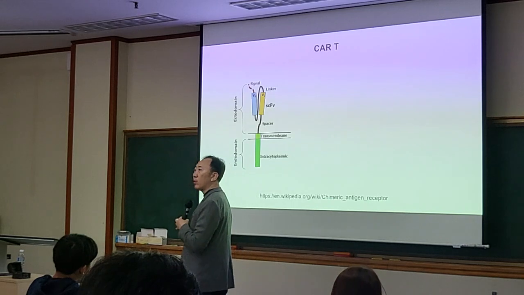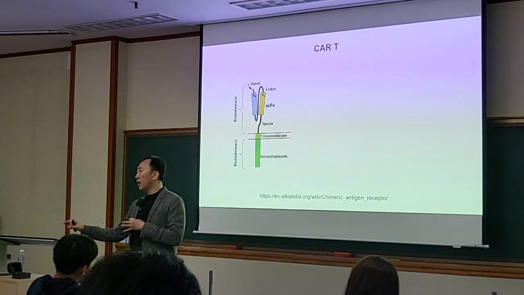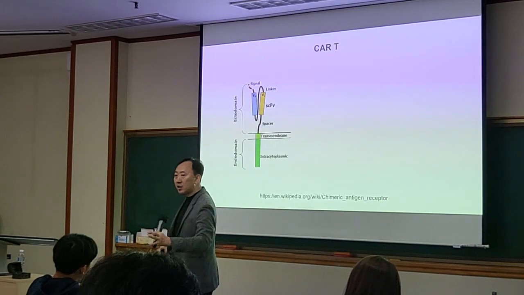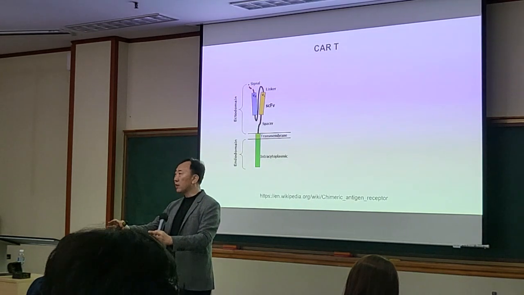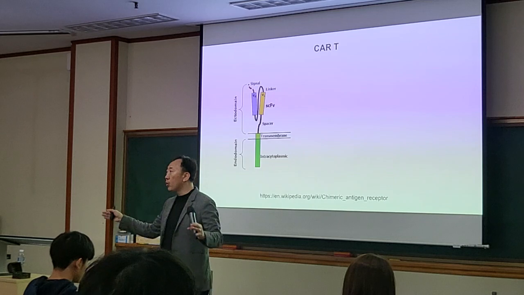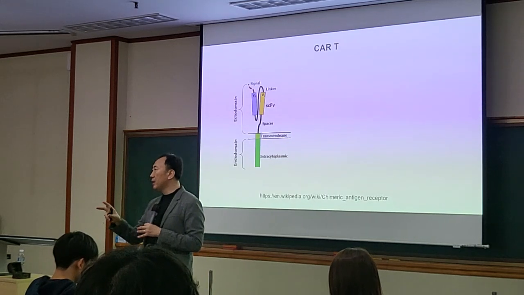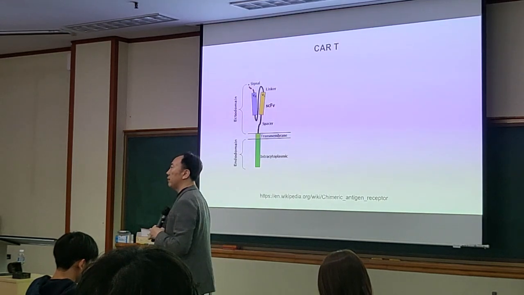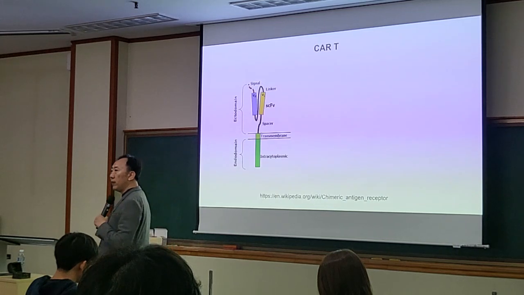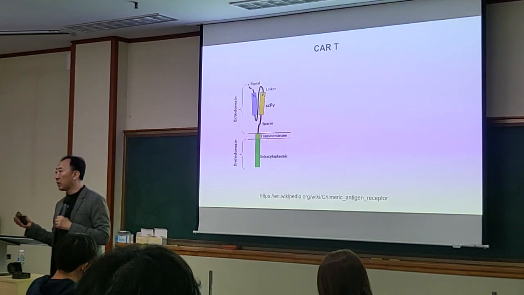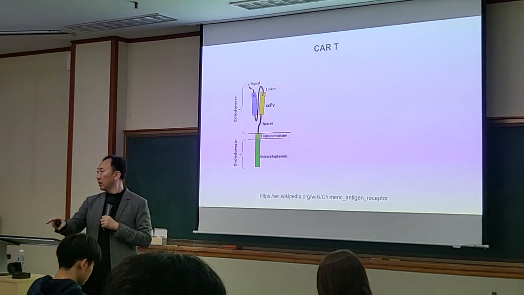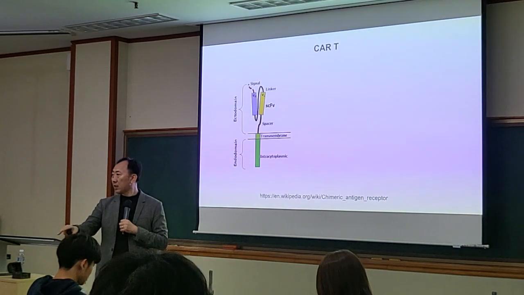Then this T cell originally recognizes the antigen by MHC recognition and the T cell receptor. That is their own function. So even though it doesn't work, now they have a separate independent binding motif, and this binding motif does not require MHC. This is like an antibody, just recognizing the antigen site directly.